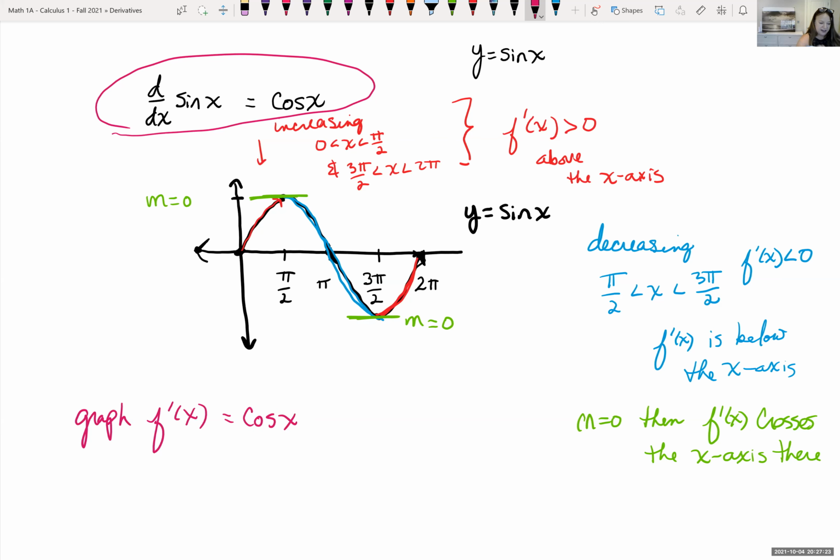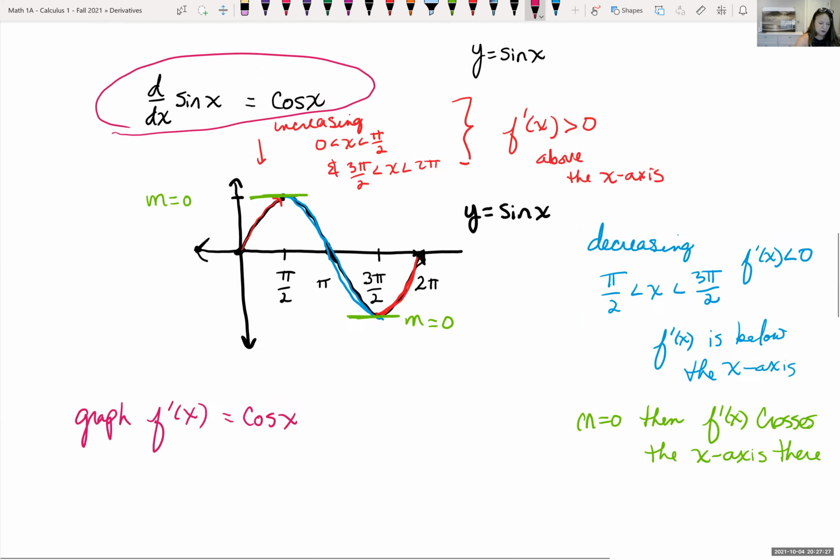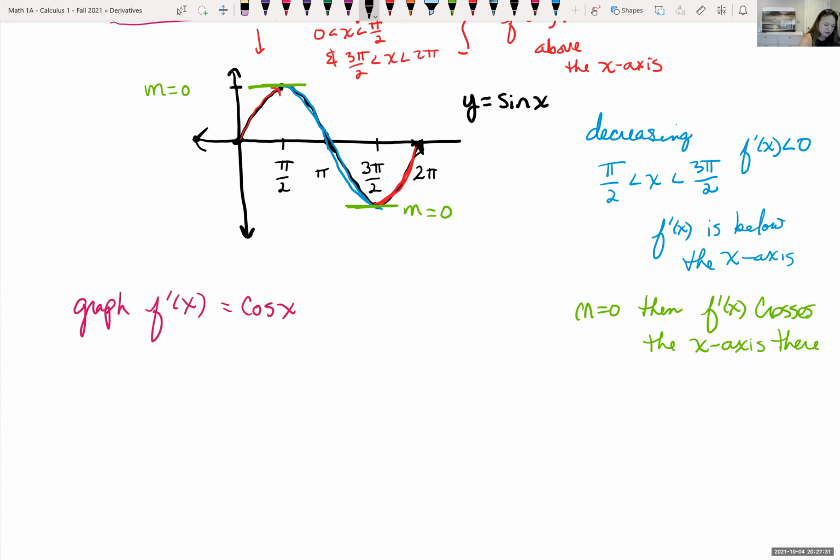Maybe I should do it below, just so we have more room and we're not getting confused between the two graphs. I'm going to break it up into 4 major points: pi halves, pi, 3 pi halves, and 2 pi. Well, cosine of 0 is 1, so it started up here.